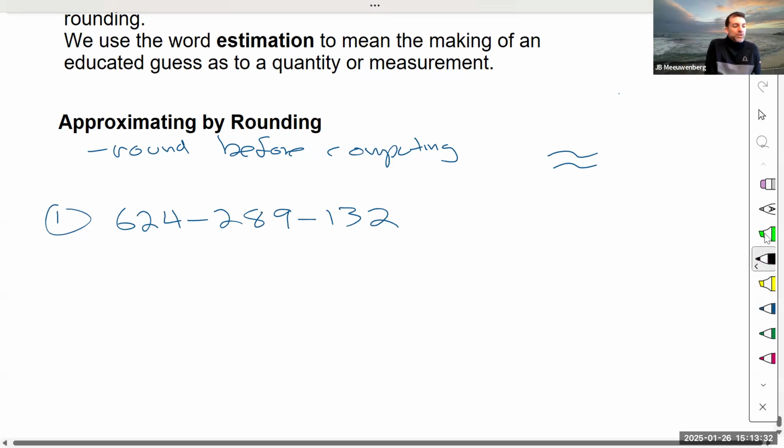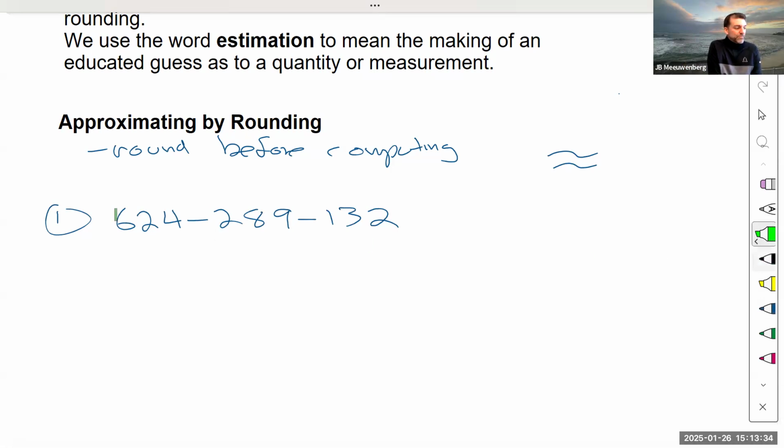Can we approximate? So if we round them all to the leading digit, and if you recall from a previous video, we always look at the next digit. Because 2 is less than 5, we will round this to 600. Because 8 is 5 or greater, we will round this up to 300.